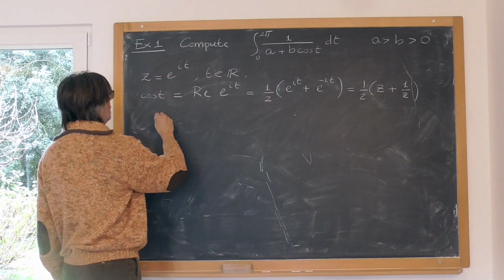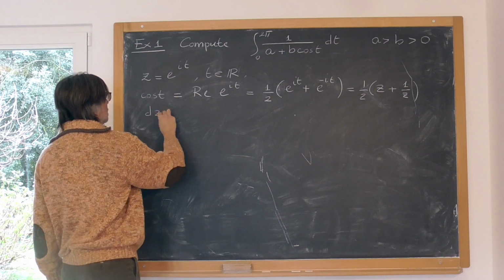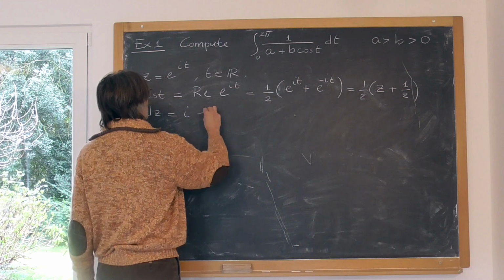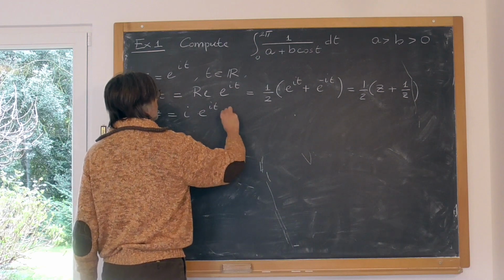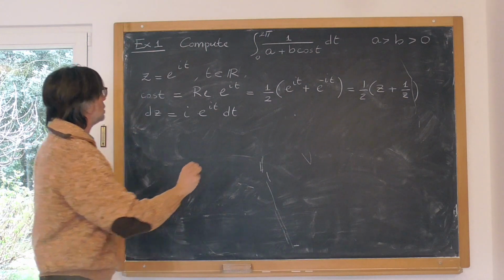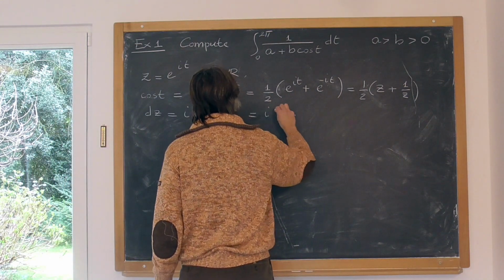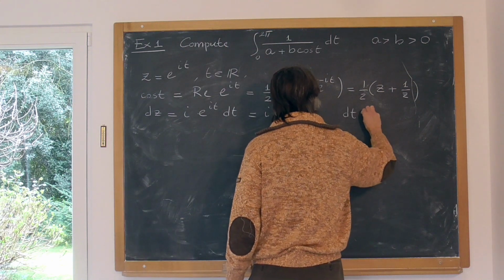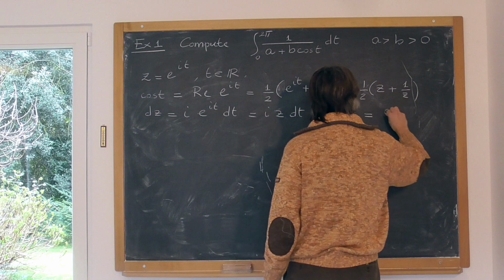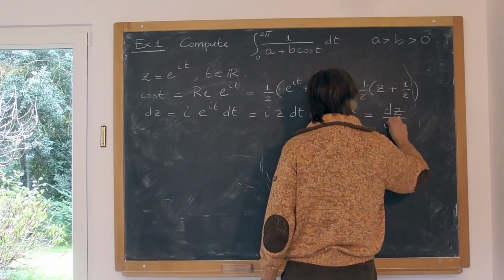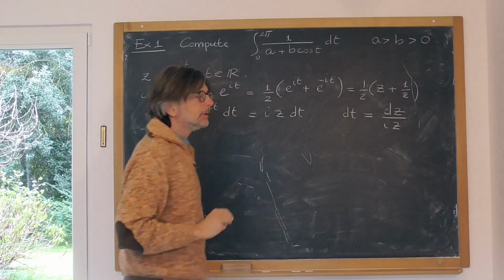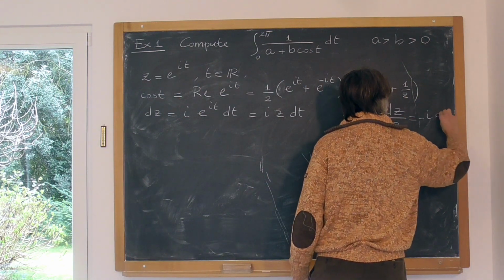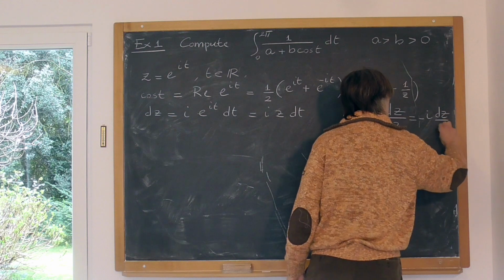If z is e to the i t, then dz is i e to the i t dt, which is i z dt. Or in other words, dt is dz divided by i z, which we can also write as minus i dz divided by z.